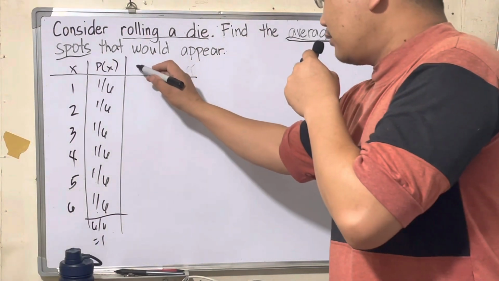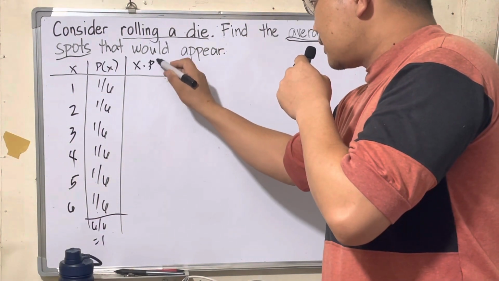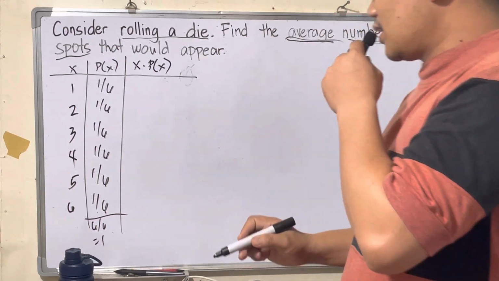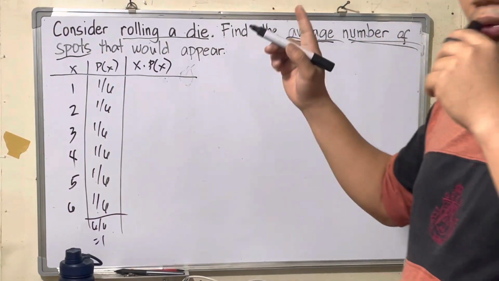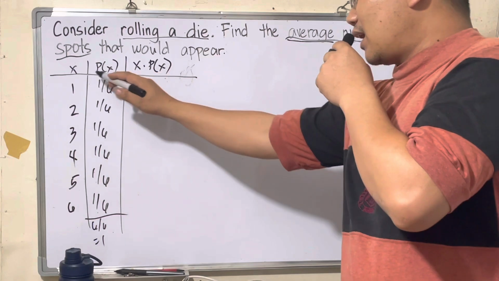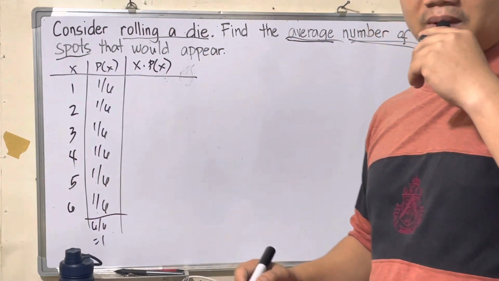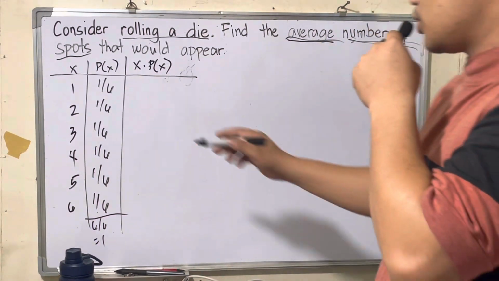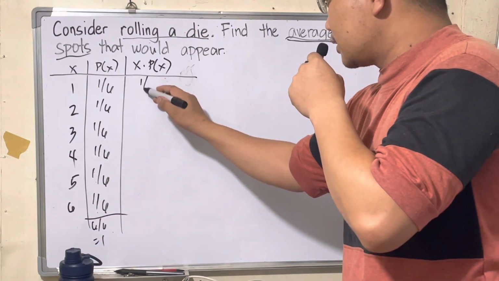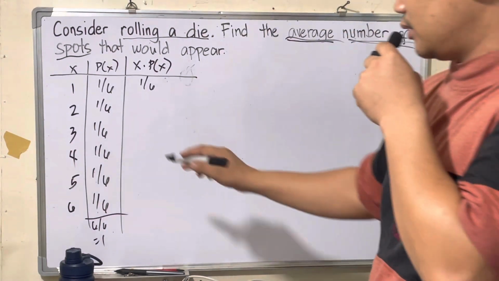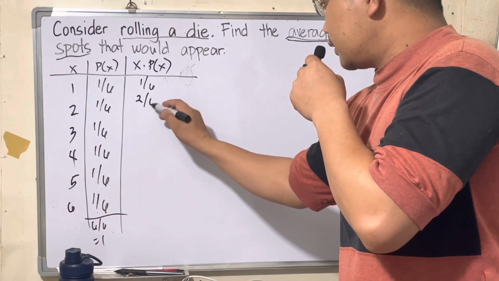Then, how to find the average or the mean of the probability distribution? We need to find the value of x times p of x. Meaning, you need to multiply the value of x and the corresponding probability. So 1 times 1 over 6, that is 1 over 6. This one, that is 2 over 6.